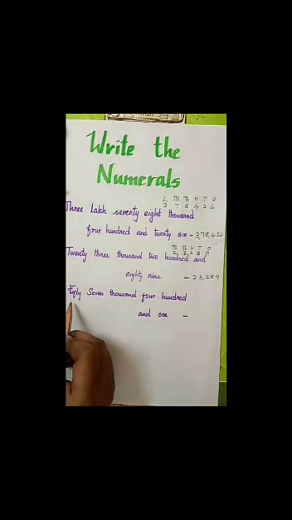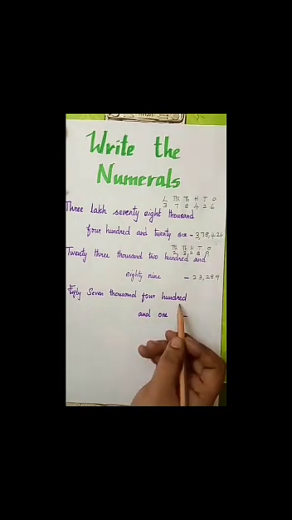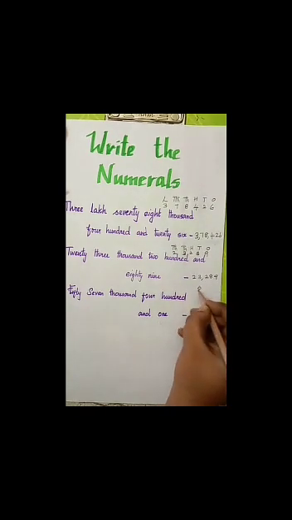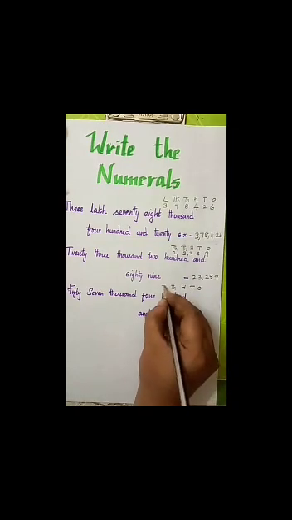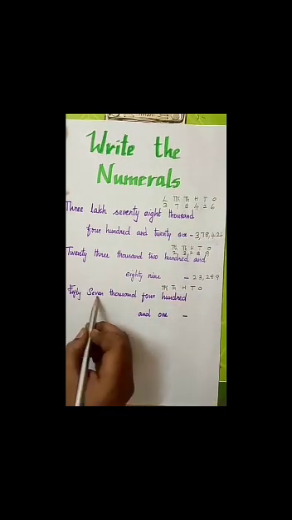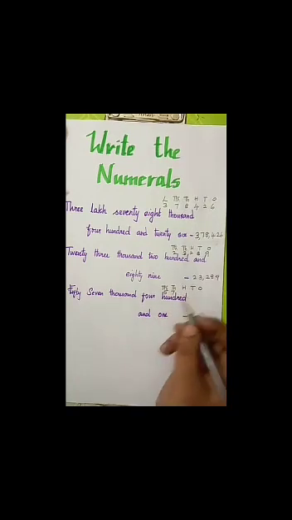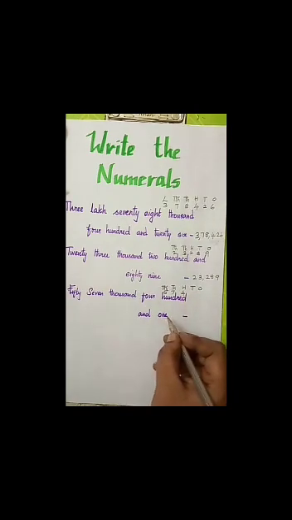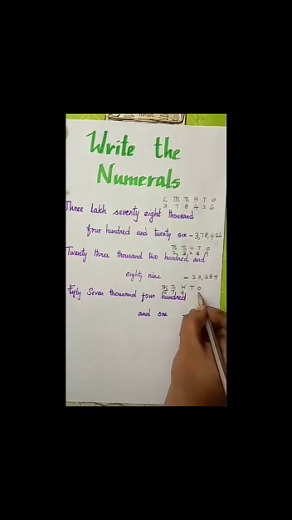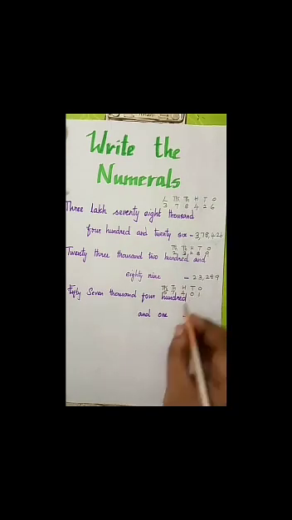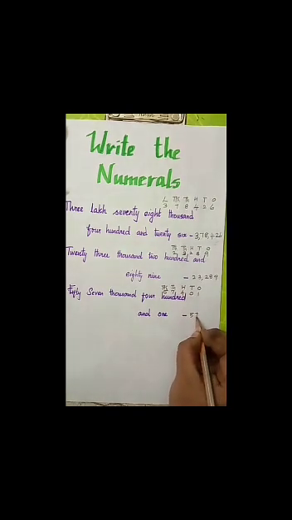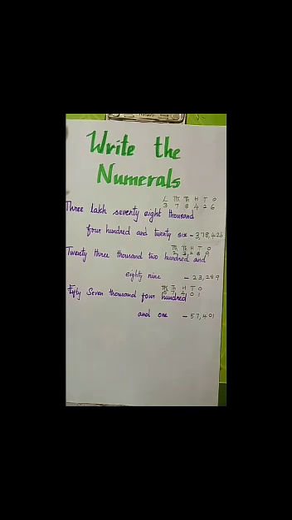So third one, 57,401. Ones, tens, hundreds, thousand, ten thousand. 57,000. 57,401. 401. One should be in ones place. So here 0. So 57,401. Is it clear?